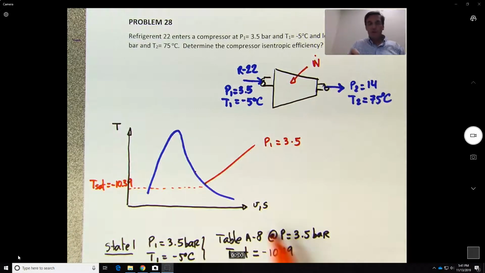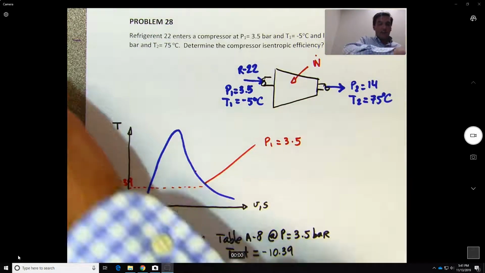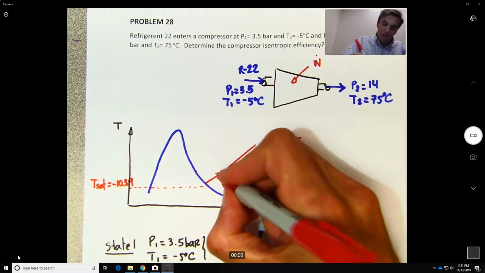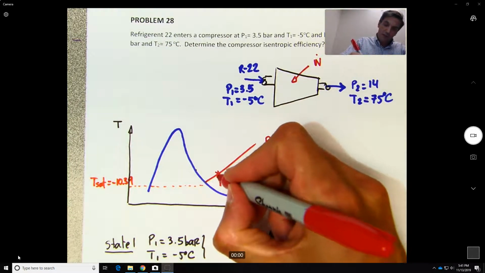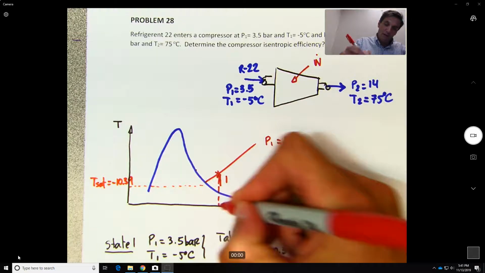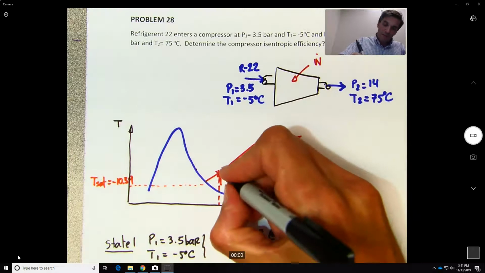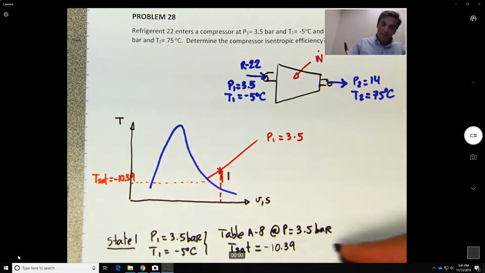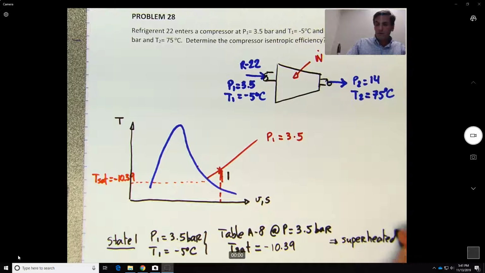Okay, since we're at -5, it should be somewhere higher. So let's say that we are somewhere over here. So it will be our state 1. Now, so basically we know it is superheated.